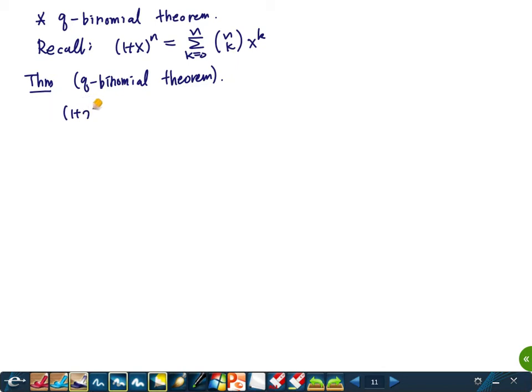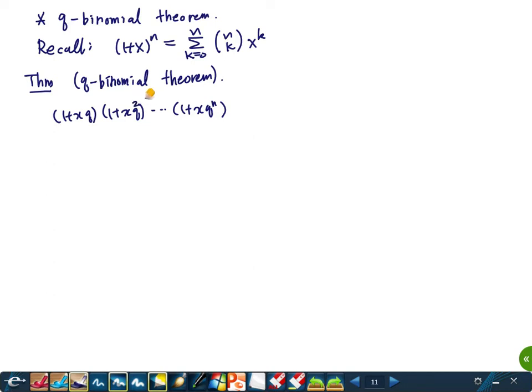The product of 1 plus x, 1 plus x q, dot dot dot, 1 plus x q to the n minus 1. They are equivalent, but let me write this way. Let's start with 1, then 1 plus x q squared, like that.